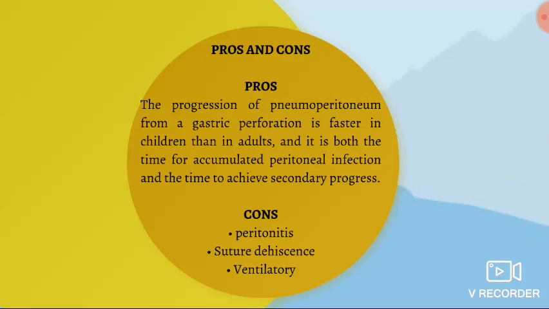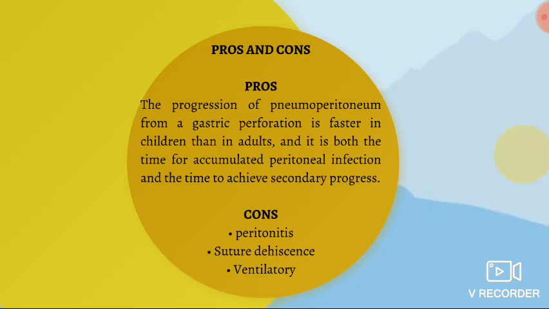Pause and cause. Pause. The progression of pneumoperitoneal to a gastric perforation faster in children than in adults. Any iris but the type 4 chemical peritoneal infection and the diet to arctic secondary progress.